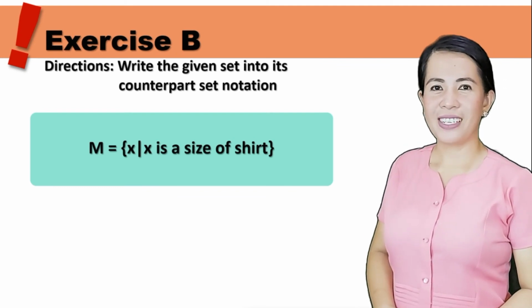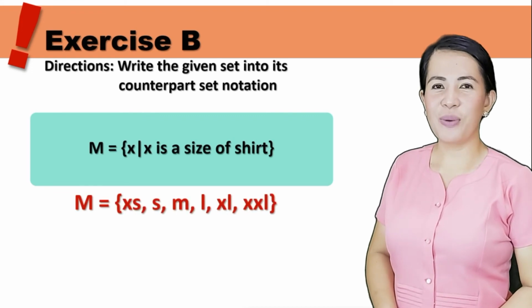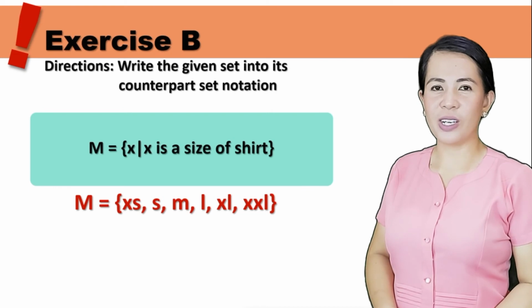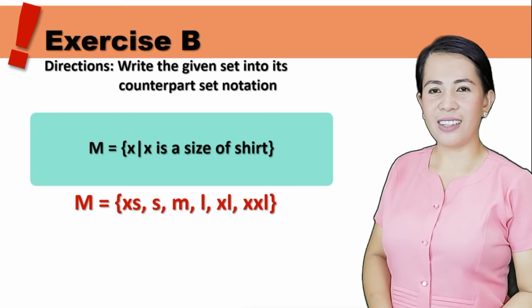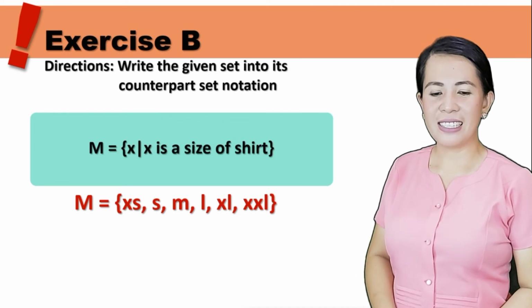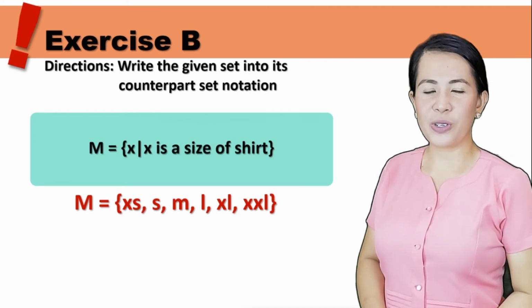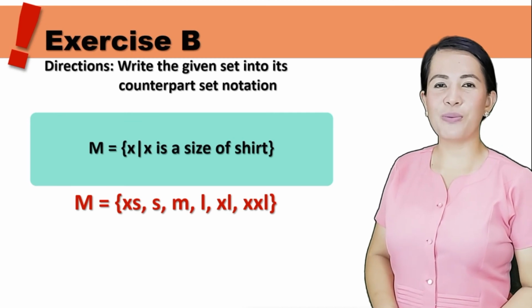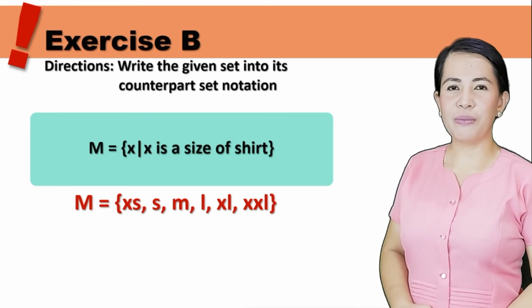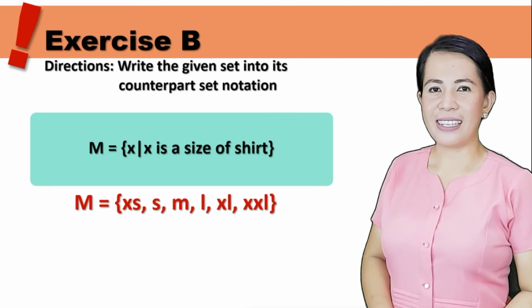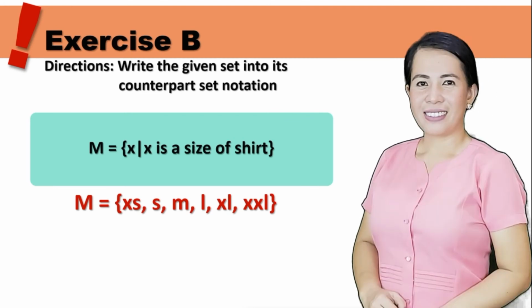So we have extra small, small, medium, large, extra large, and XXL. In roster form, we write this as M is a set which contains XS for extra small, S for small, M for medium, L for large, XL for extra large, and XXL.